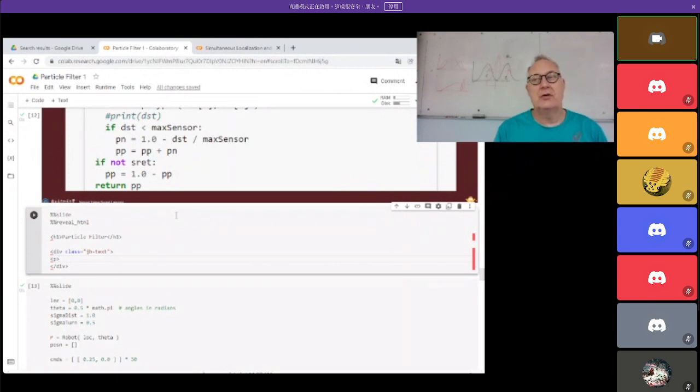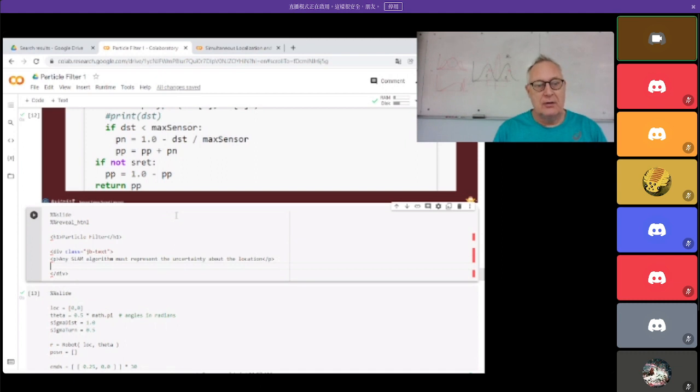In order to be able to do localization, in order to implement the SLAM algorithm, the algorithm must be able to represent the uncertainty about the location of the robot, or if you're tracking something, the object that you're tracking. It's a similar idea in this case.